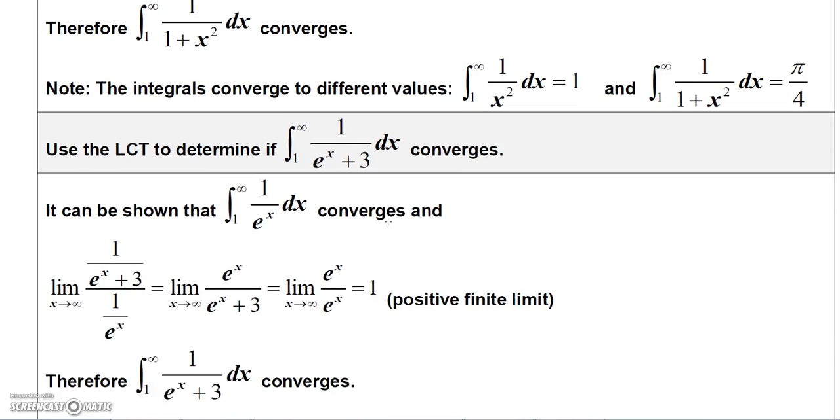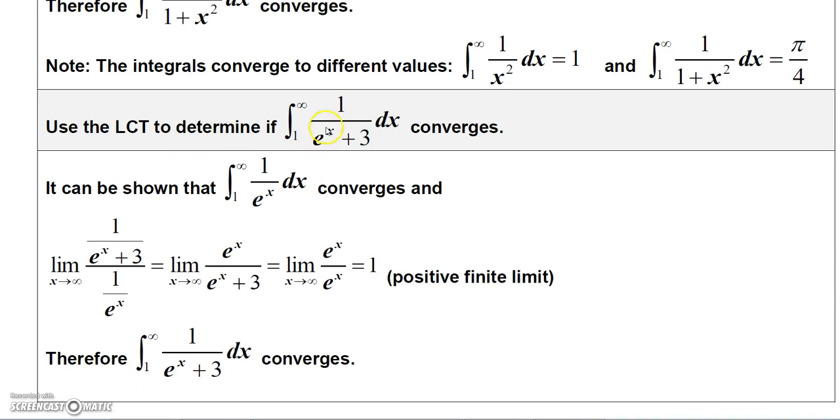And then the last one here, I have 1 over e to the x plus 3, and if I compare it with 1 over e to the x, well, 1 over e to the x plus 3 over 1 over e to the x is just e to the x over e to the x plus 3 as x goes to infinity. And as x goes to infinity, this becomes infinity over infinity, which is an indeterminate form.